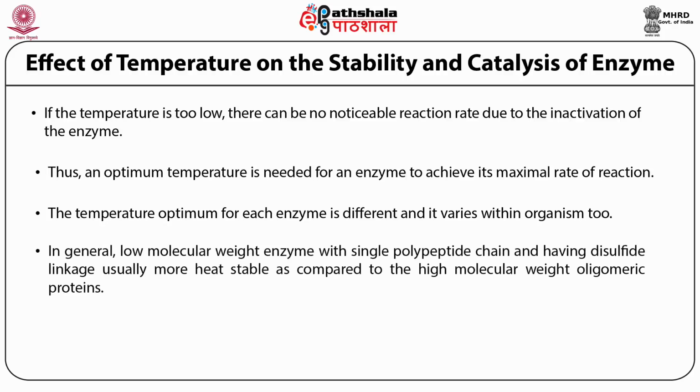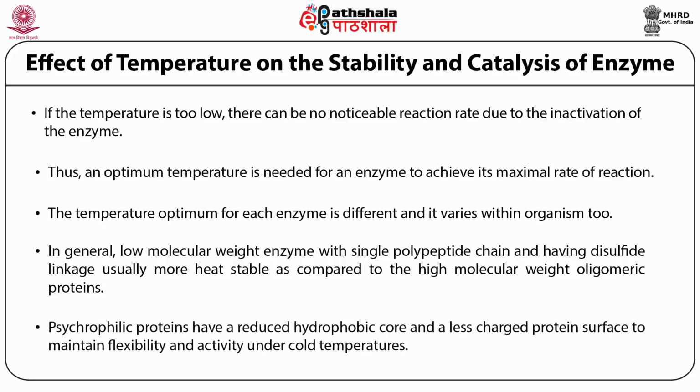In general, we can say that an enzyme with low molecular weight, a single polypeptide chain and disulfide linkages is more heat stable as compared to a high molecular weight oligomeric protein. Similarly, a protein with less hydrophobic residue, more glycine residue, less prolyl residue and less charged residue is going to be more cryophile stable or more cold stress resistant.